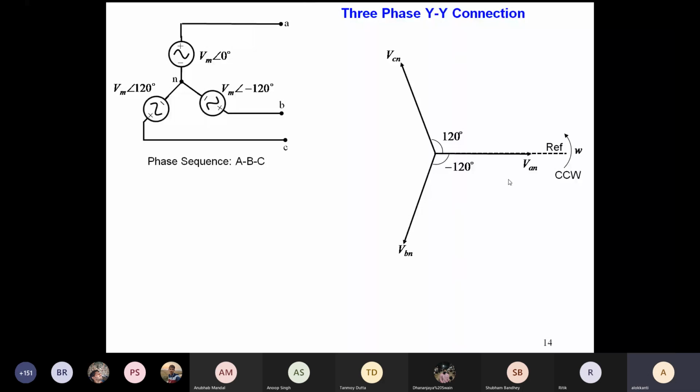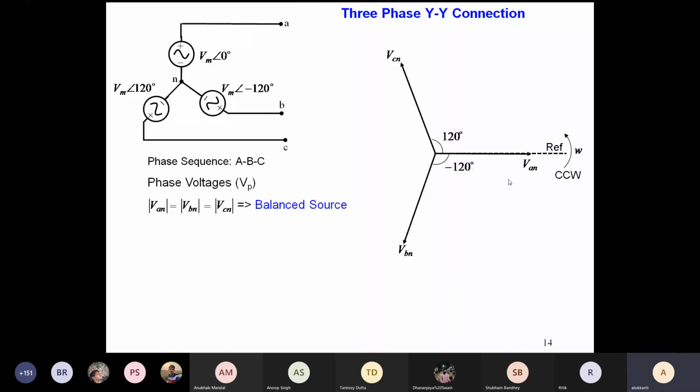Okay, and for this, the magnitudes of the phase voltages are all equal. The magnitude of VAN, magnitude of VBN, magnitude of VCN are all equal, so this is basically a balanced source. The individual phases have to be balanced.